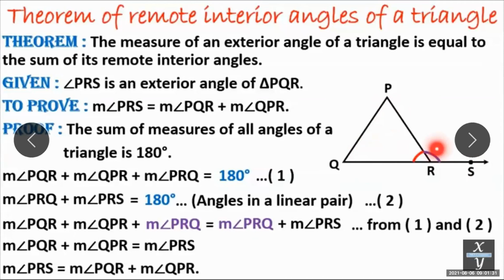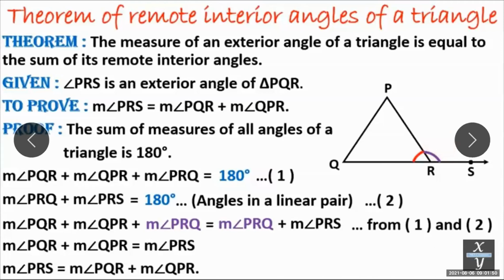Okay. And just before we saw that angle P plus angle Q equal to the exterior angle R. Okay. Now we are going to prove this.